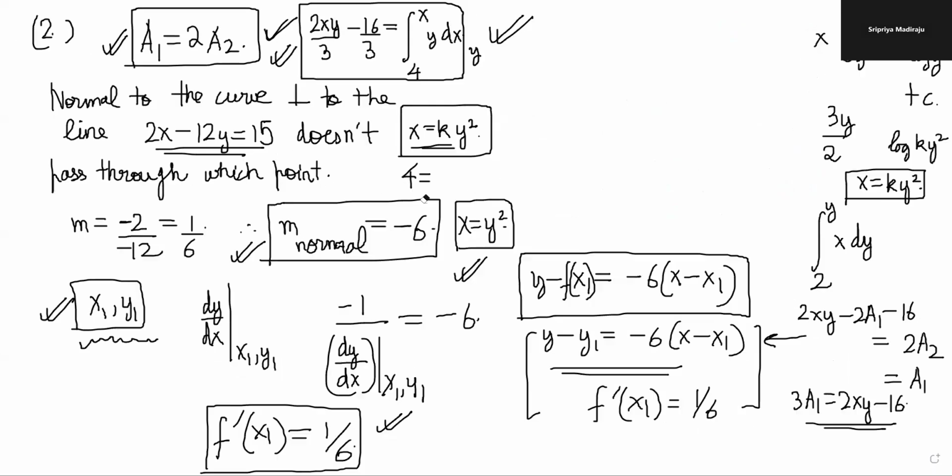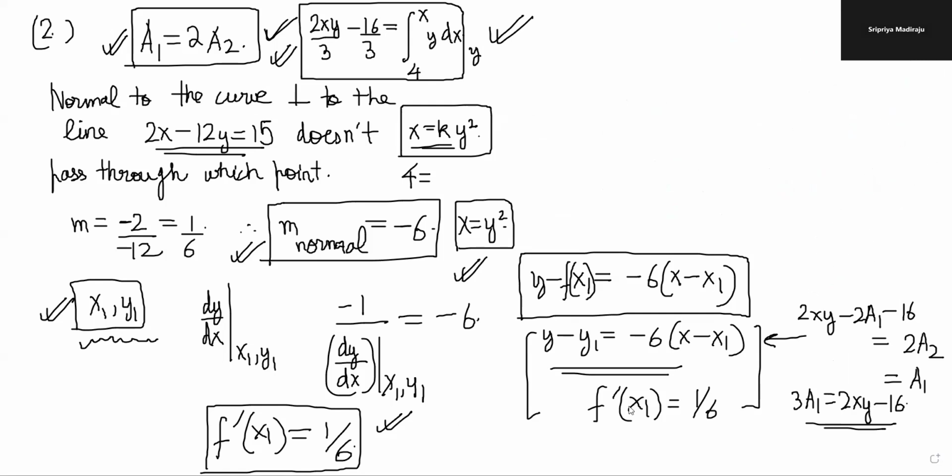Once we have gotten x is equal to y square, we already know so many things about this situation, normal and all. We have y square is equal to x as the equation. This is a standard parabola. I need a normal to this with slope minus 6. Normal to this is y equals mx minus 2am minus am cube.